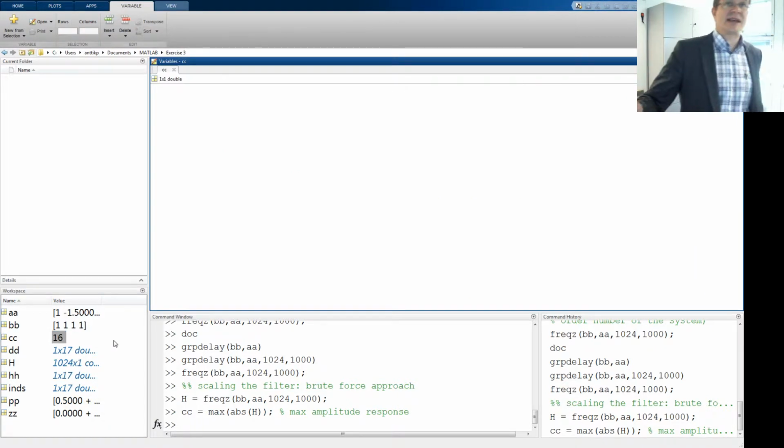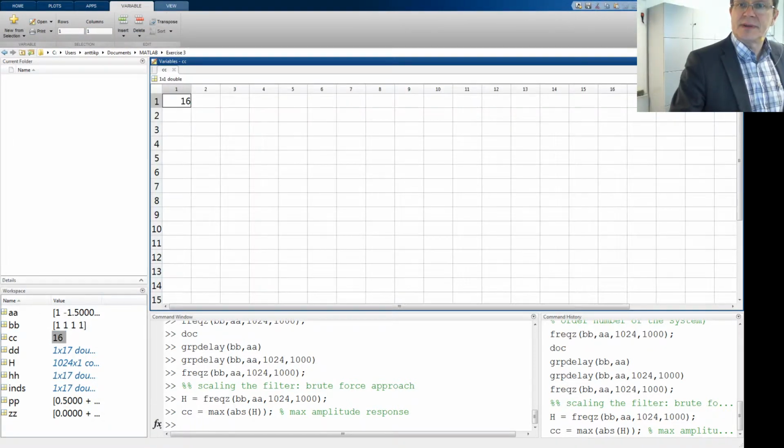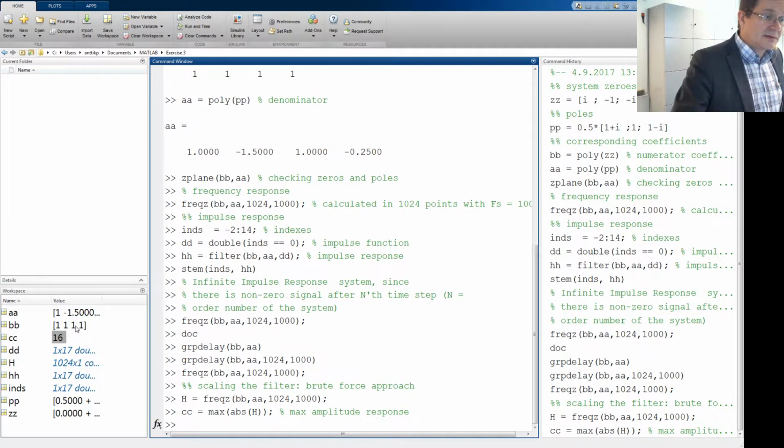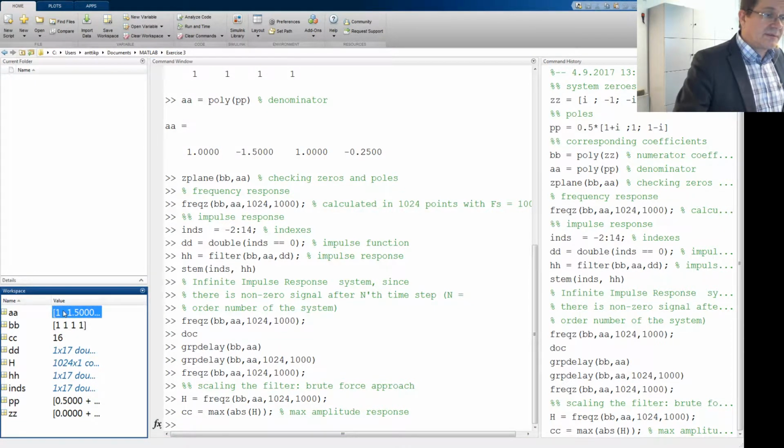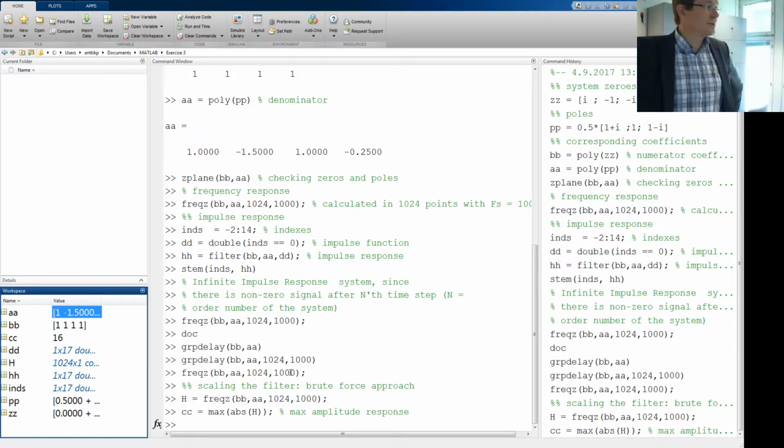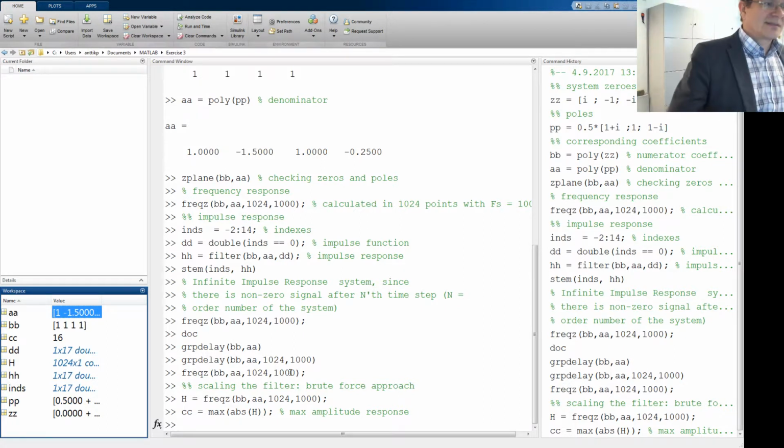Well, it does actually make sense because I had the scaling vectors here, one, minus 1.5, and then the last one was 0.25 or something like that. Sounds like divisions of 2, more or less, and then the other ones are 1, 1, 1.